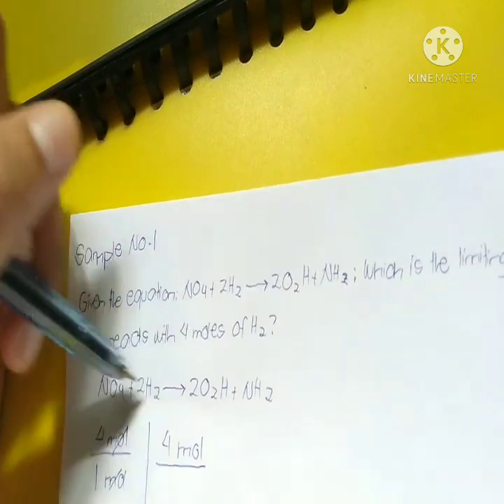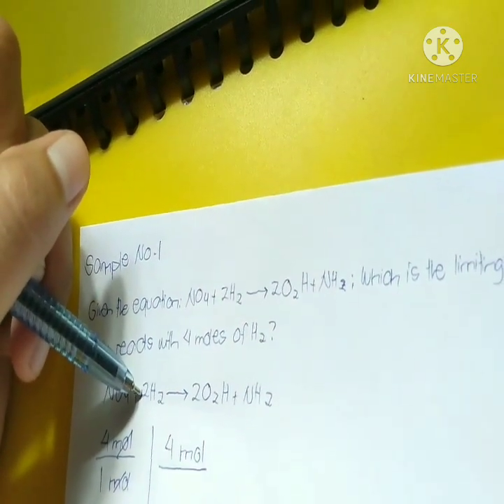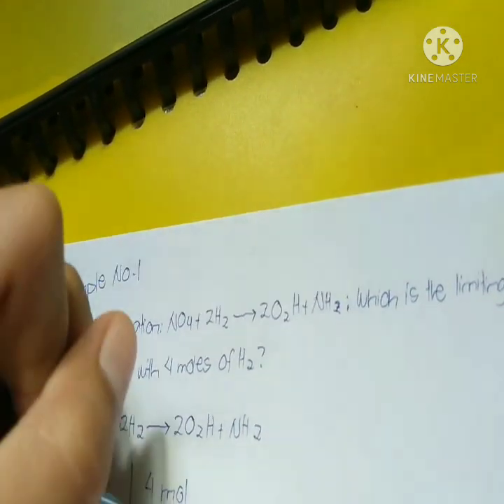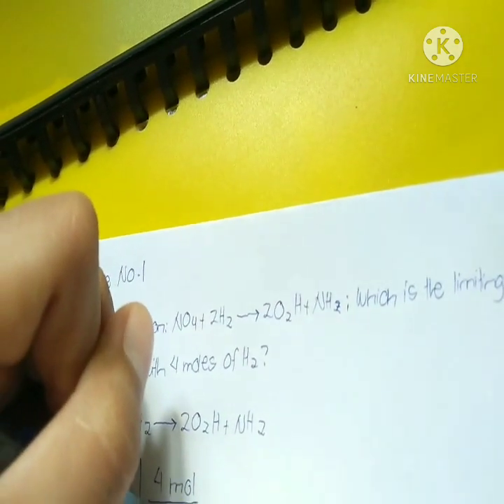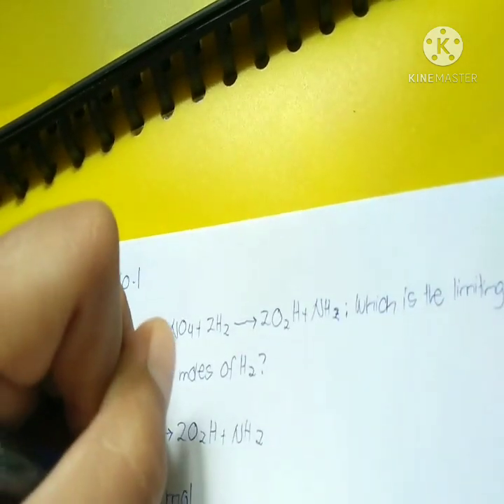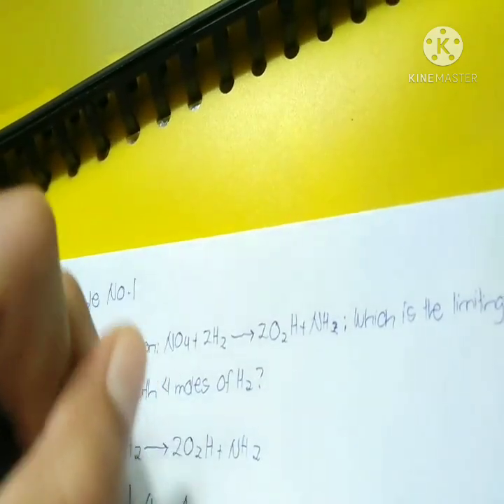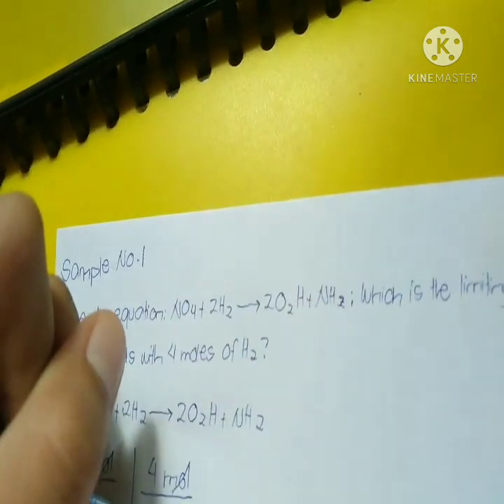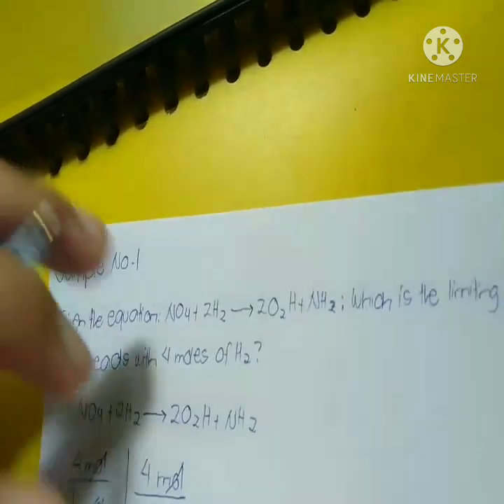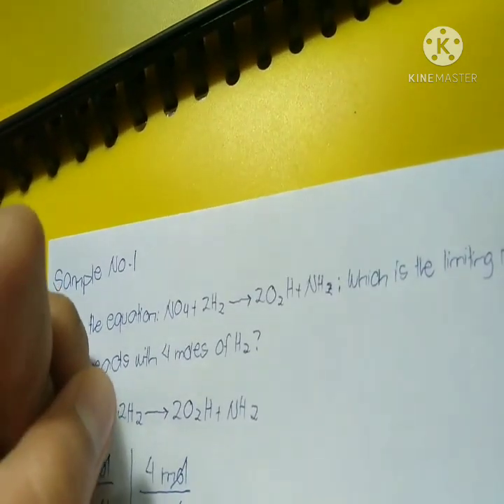In H2O, there is a coefficient of 2, so 4 divided by, at the bottom, we put 2 moles. 4 divided by 2 equals 2.